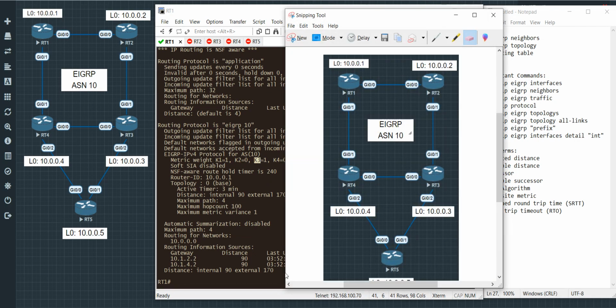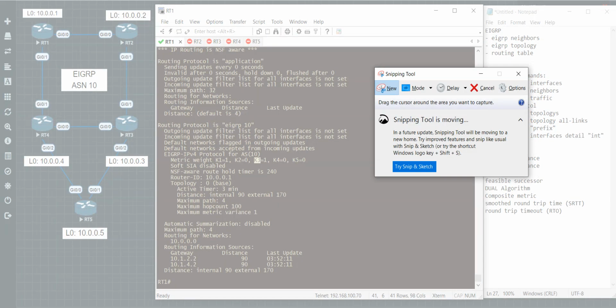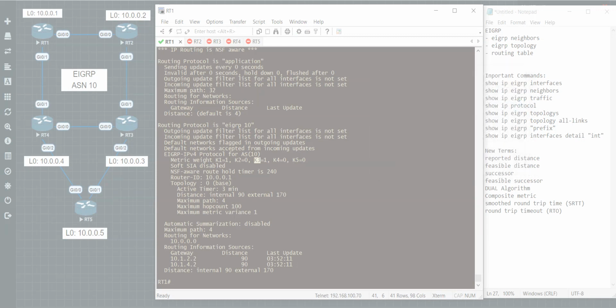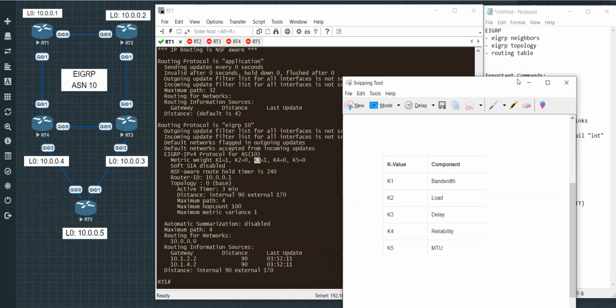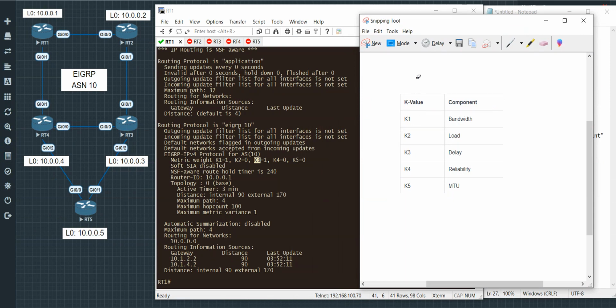These K values have different meanings. Here we can see that K value 1 is bandwidth, K value 2 is load, so it's not going to use load. K value 3 is delay, so it's going to use delay. K value 4 is reliability, so it's not going to use K value 4.